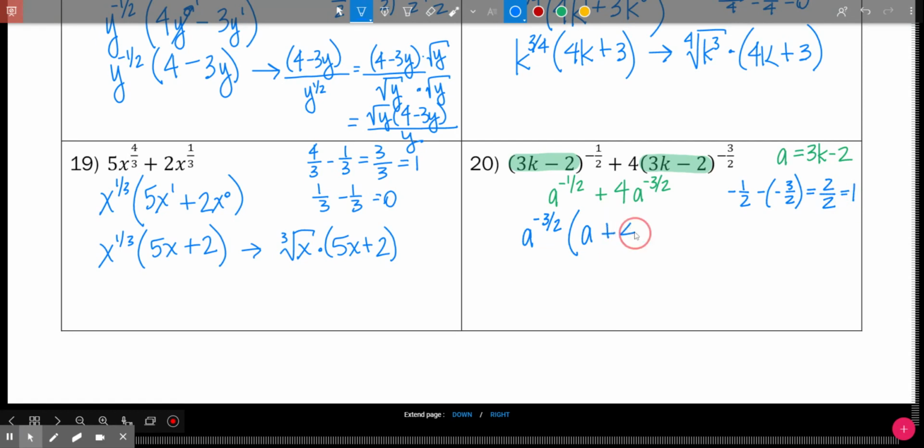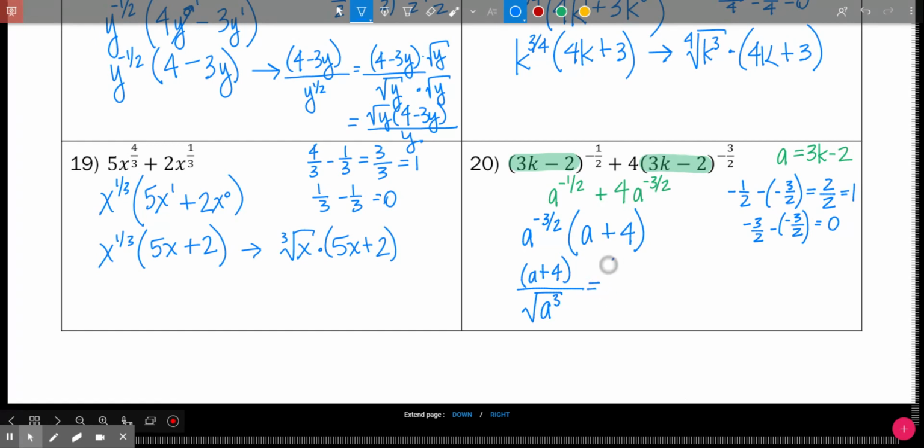And I have plus 4, and I have negative 3/2 minus negative 3/2. Well, that's 0. So that means this is a plus 4 over the square root of a cubed.